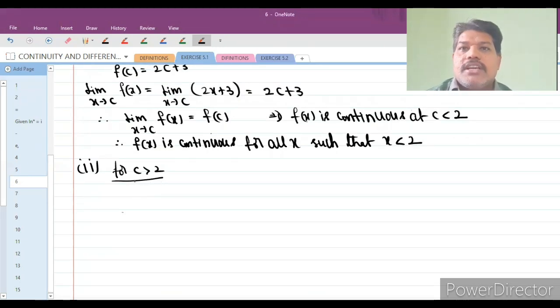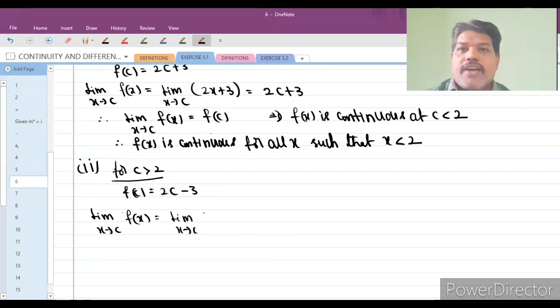And also here, the limit as x tends to c of f of x will become 2x minus 3, so that is nothing but 2c minus 3.